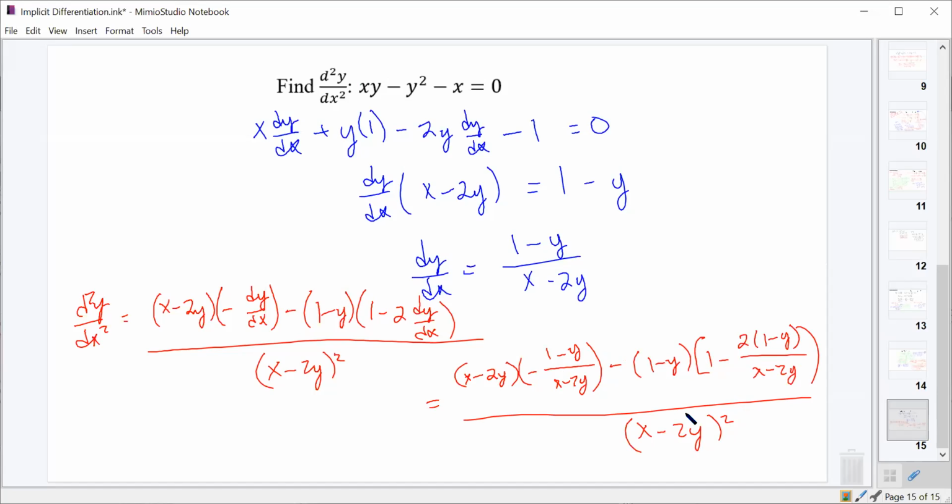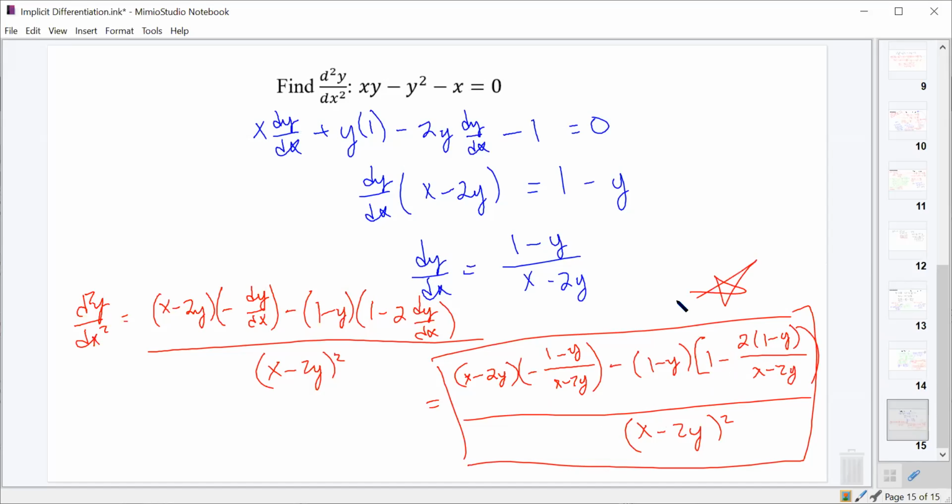I don't need you to simplify any further than that. I would accept that answer. If you really, really wanted to put an x minus 2y underneath everything and drop it down, all you'd have to do is multiply this 1 by x minus 2y over x minus 2y and combine the numerators, but I'm good with that. Any questions, any issues, any problems with any of the implicit differentiation stuff?